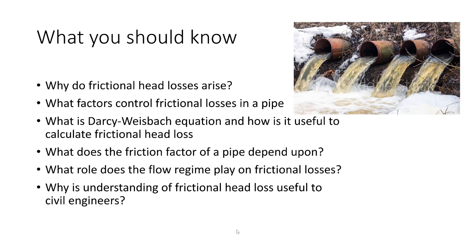What does the friction factor of a pipe depend on? So we talked about the Moody diagram, the absolute roughness, the surface roughness, the Reynolds number, and how the friction factor coming out of the Darcy-Weisbach equation relates to all of this. And what role does the flow regime play in friction losses? How does the friction factor change when we have laminar flow versus turbulent flow?